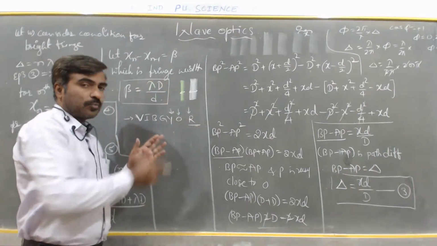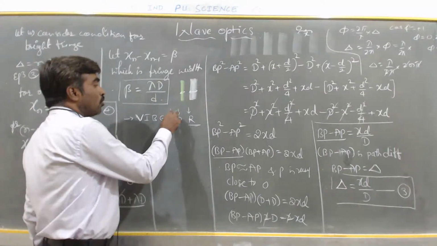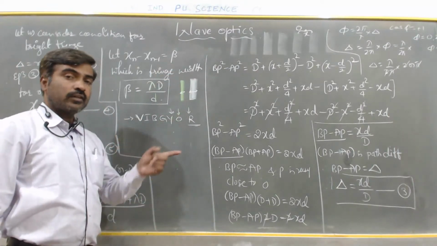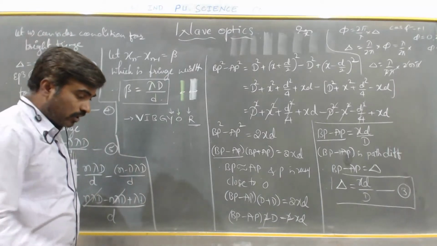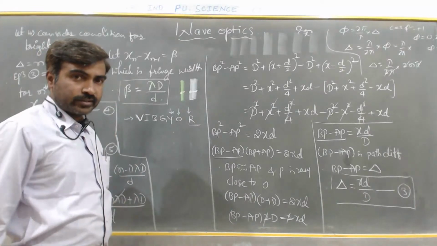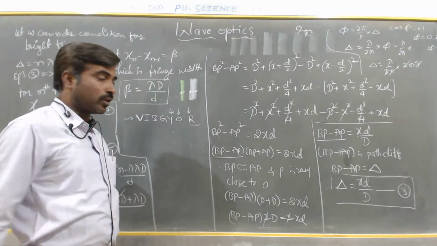If the entire experimental setup producing the interference pattern with yellow light is immersed in water, as we discussed in ray optics, when light enters from one medium to another, its velocity changes and its wavelength also changes. It usually decreases.